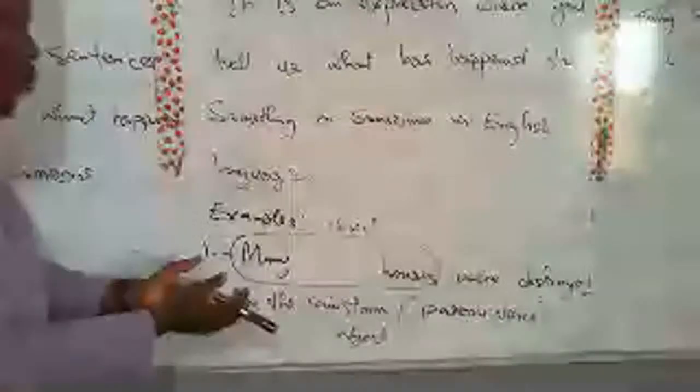Now let's continue. We are going to dwell much on passive, because ordinarily we used to have active sentences in whatever we want to say, but changing it to passive is what we are going to dwell on this morning. I've already told you that you can bring the subject down to the position of object, and bring the object to the position of subject.